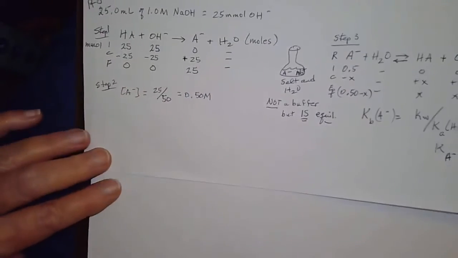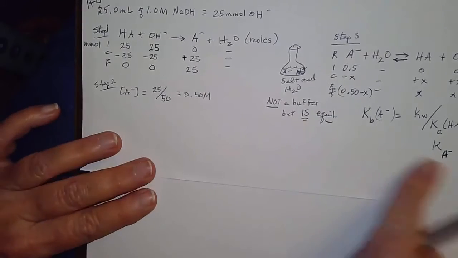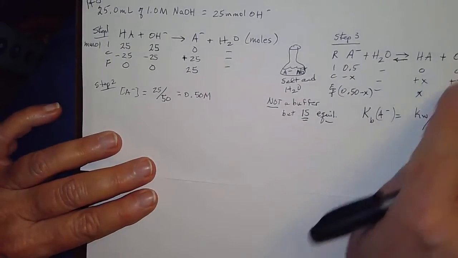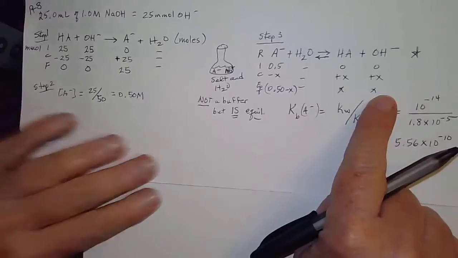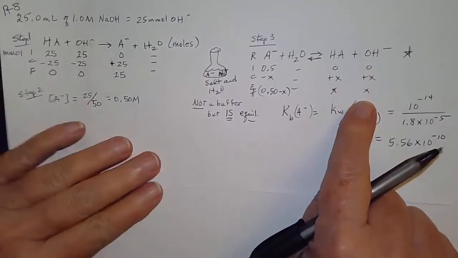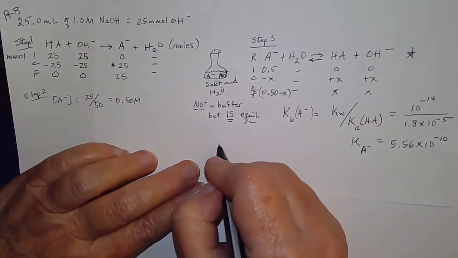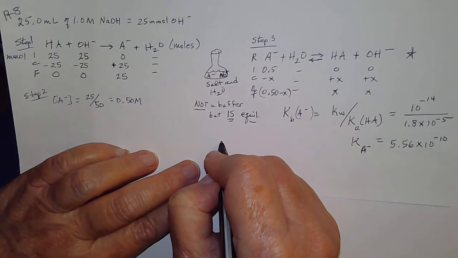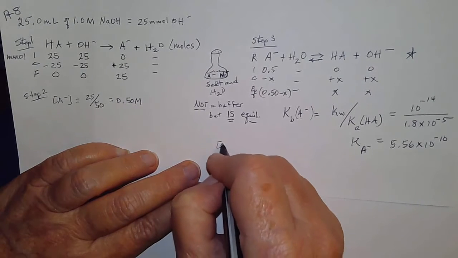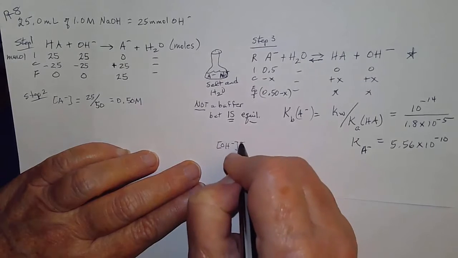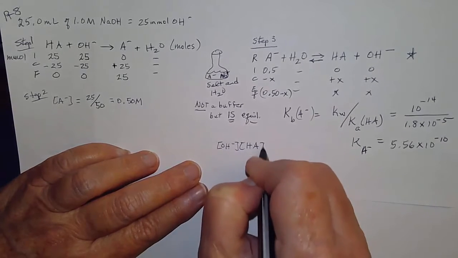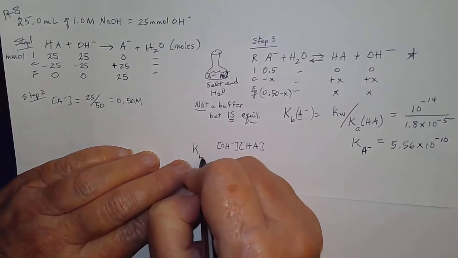All right. Now you're able to go and get not the hydronium, but the hydroxide. You're going to be able to get the hydroxide now. So we have hydroxide ion concentration. And I think you should write your Kb out.